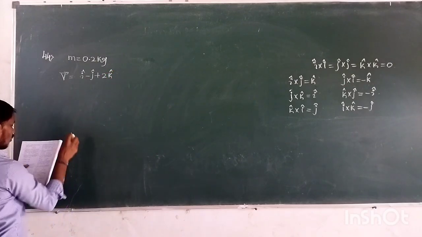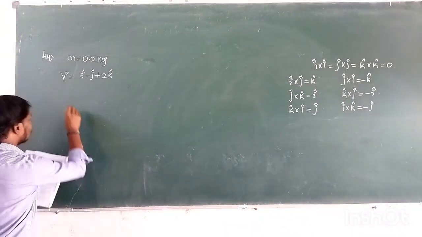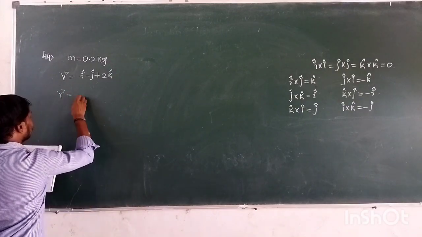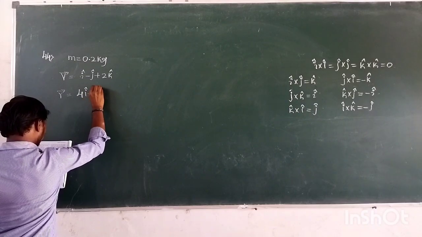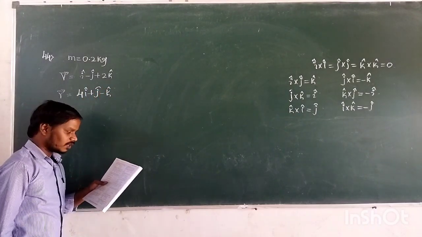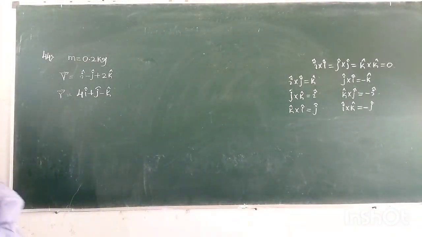Next, radius vector is given. Radius vector means here position vector is given, that is vector r is equal to 4i plus j minus k cap. What is our aim? Our aim is to find the angular momentum of the particle.